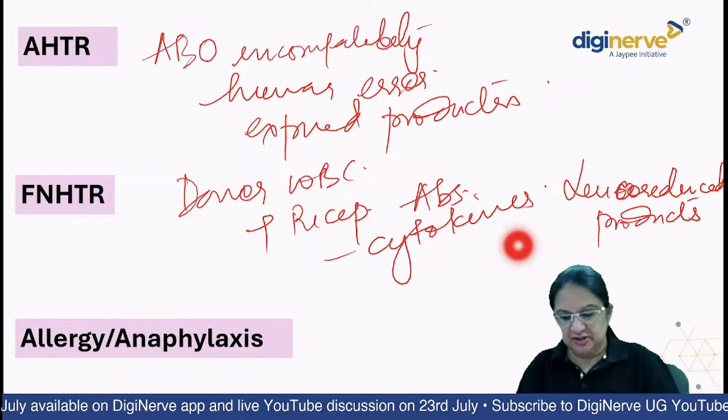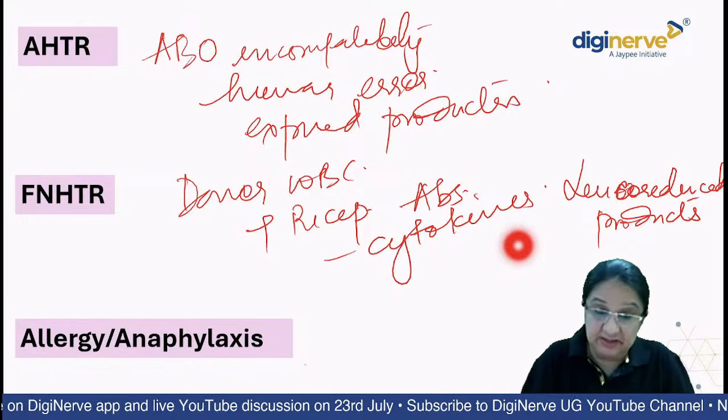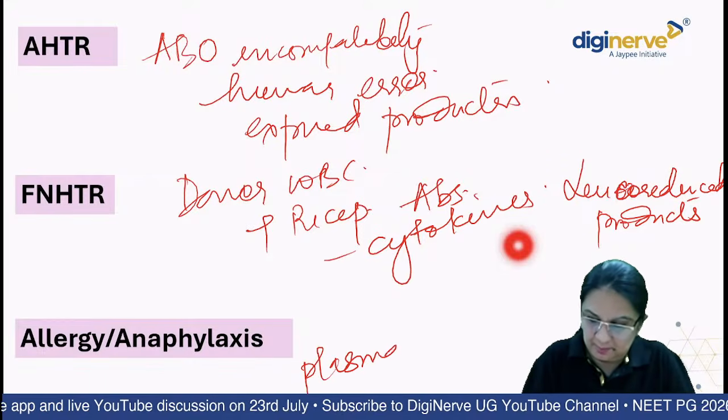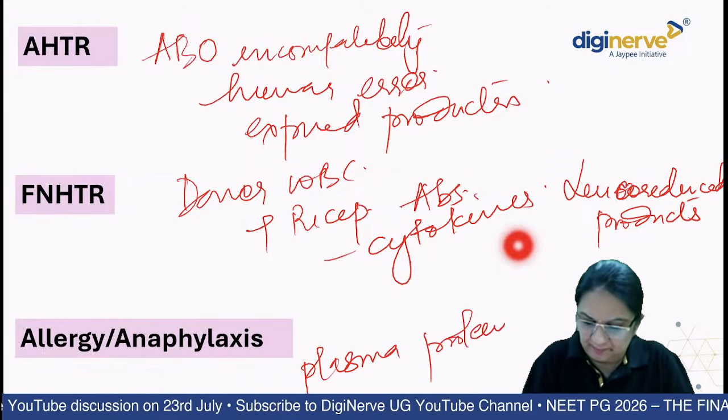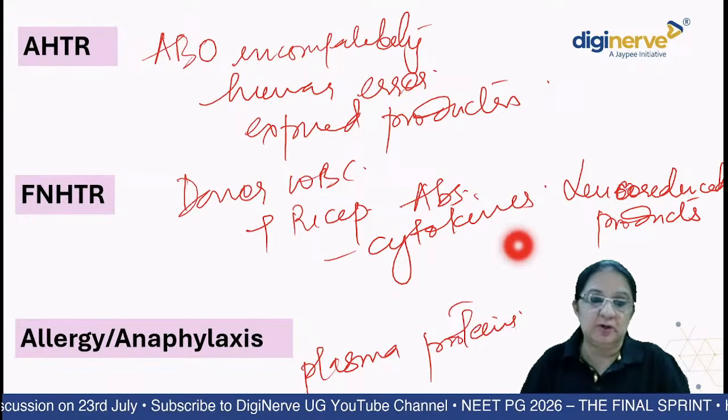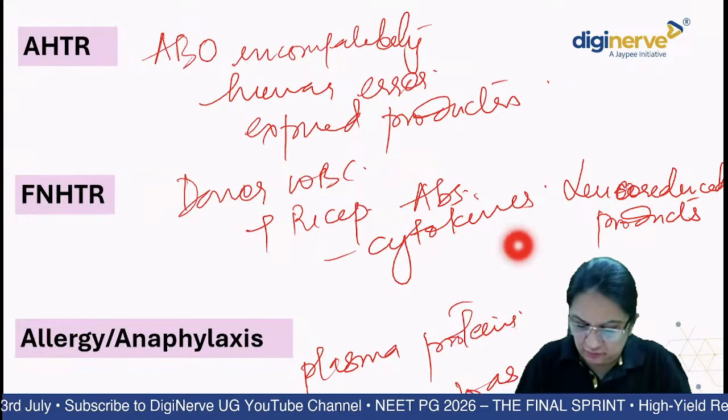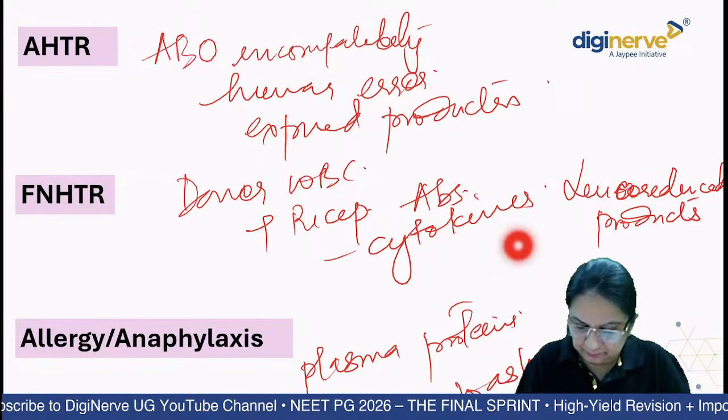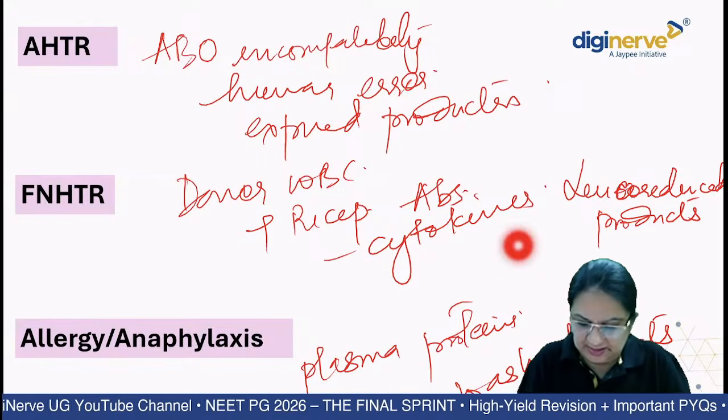Then allergy or anaphylaxis is basically due to allergy to plasma proteins. Okay, and how do we prevent it? By using washed products and giving antihistamines.